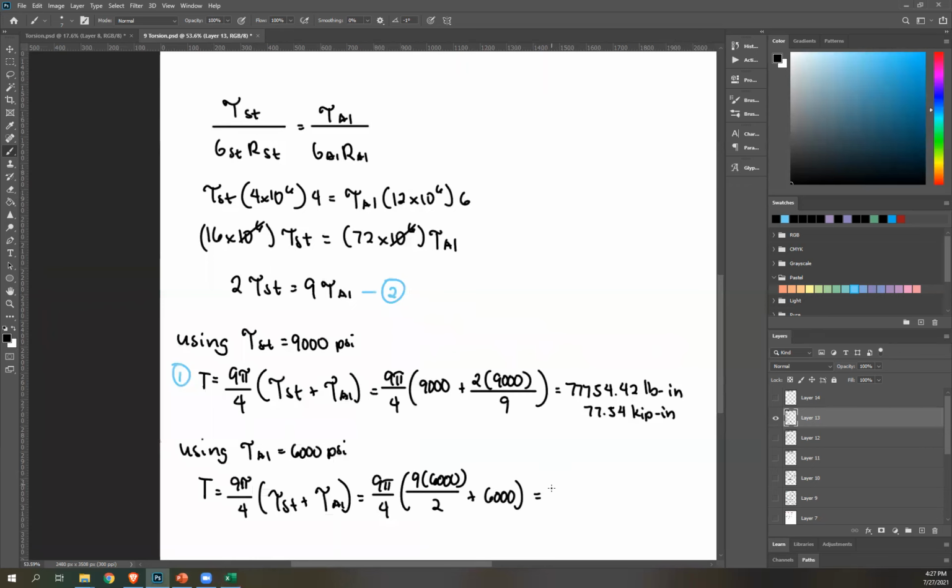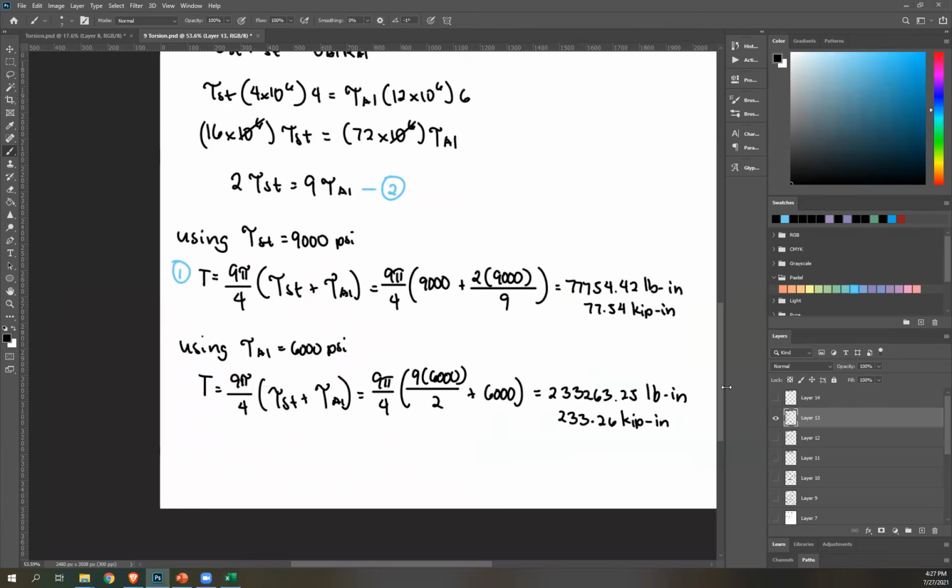The answer is 233,263.25. Again, that's pound inch. Divide by 1,000 to get kip inch. So that's 233.26 kip inch. Now you have to choose which of the two is our answer, 77 or 233.